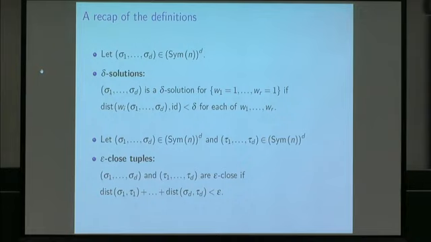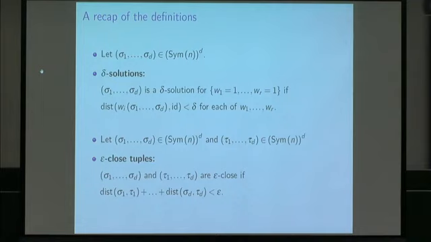That's a delta solution. And for 2 tuples, sigma 1 up to sigma d and tau 1 up to tau d, I have the notion of them being epsilon close. I say that they are epsilon close if the distance from sigma 1 to tau 1, sigma 2 to tau 2, up to sigma d to tau d, together is at most epsilon.